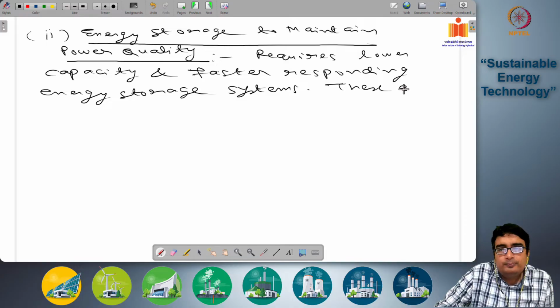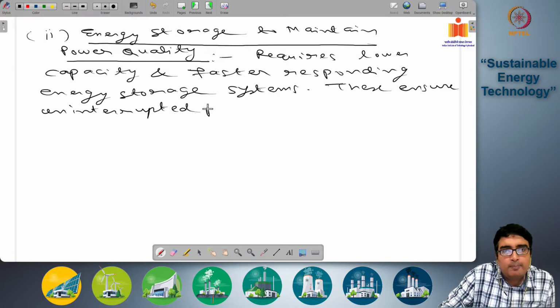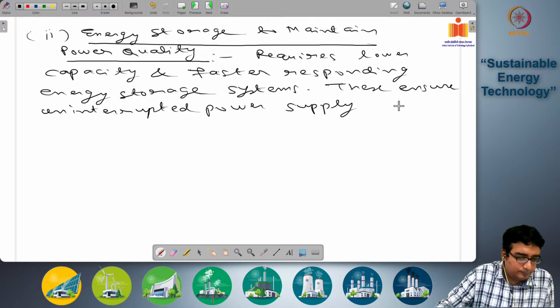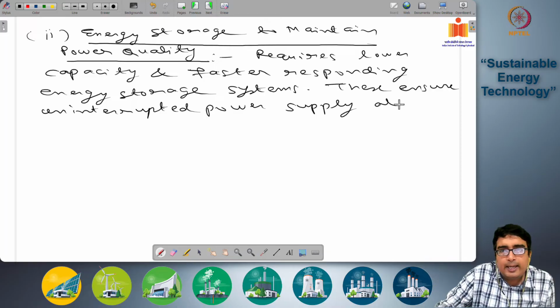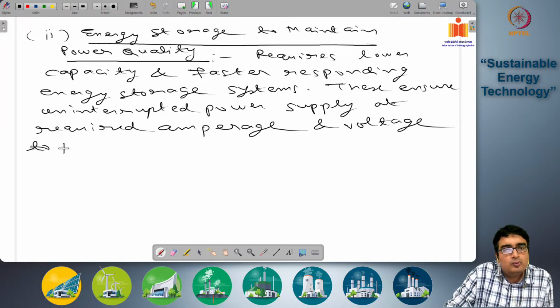These ensure uninterrupted power supply at required amperage and voltage to the user.